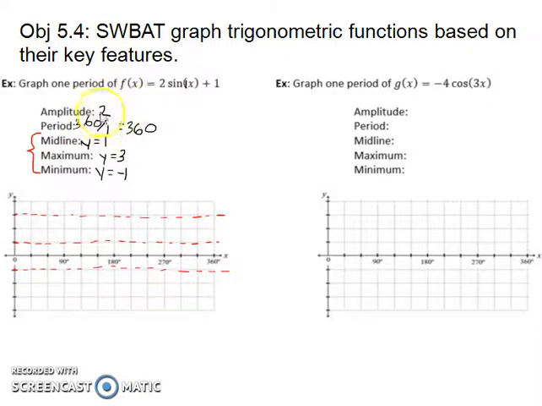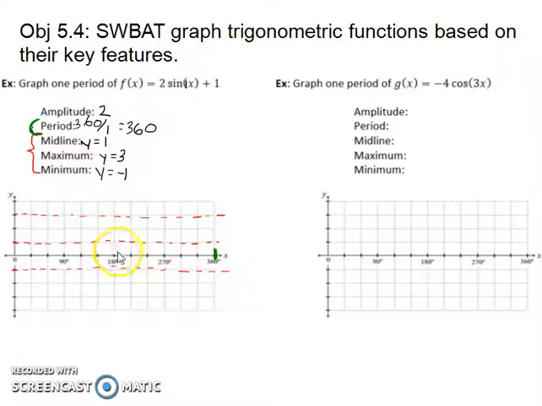So even though the number 2 is not in the graph, you can actually count and see where the 2 is. The other number that matters, of course, is the period. Now the period definitely matters. It's very, very important. And the period tells you when your first cycle ends. So in this case, the first cycle of the sinusoid ends at 360 degrees.